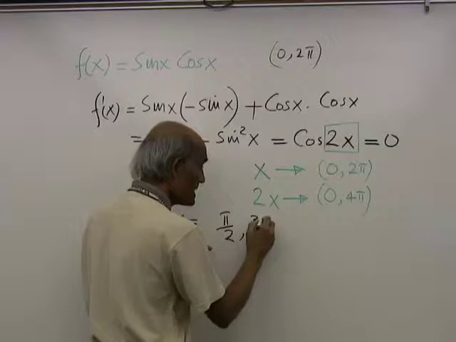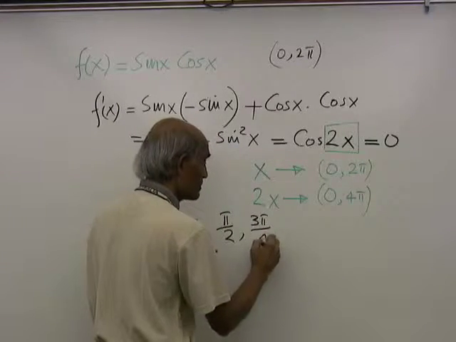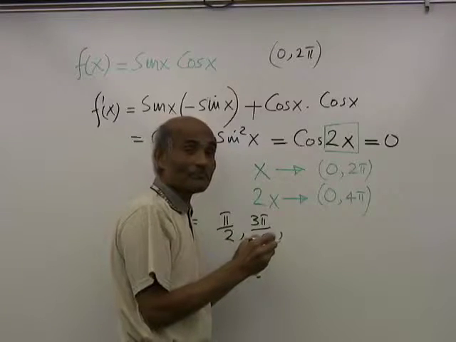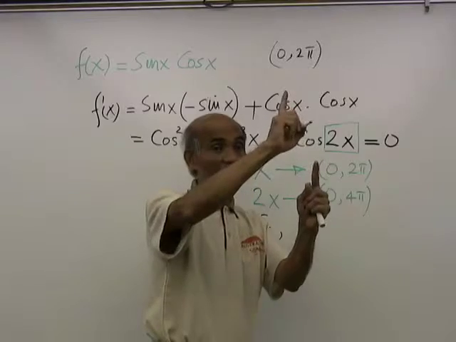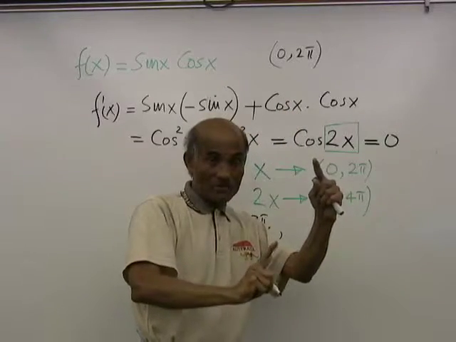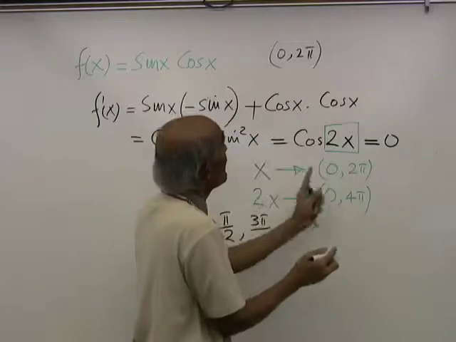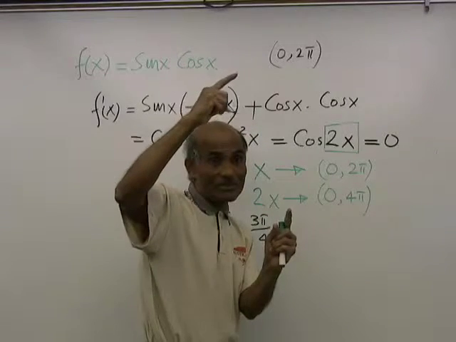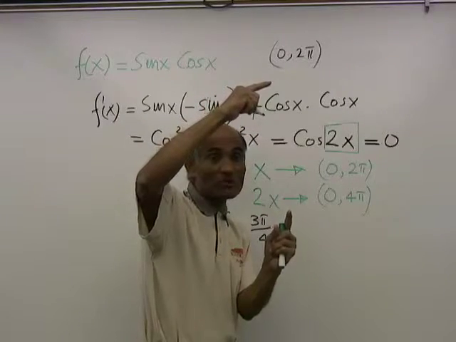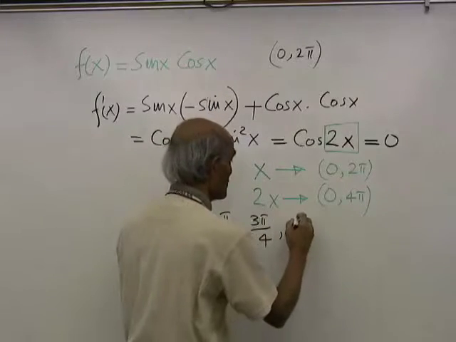It is 3 pi by 2. Isn't it? That's right. Now, you got pi by 2, 3 pi by 2, but we got to go all the way to 4 pi. Now, the next value where the cosine will be 0 will be 5 pi by 2.